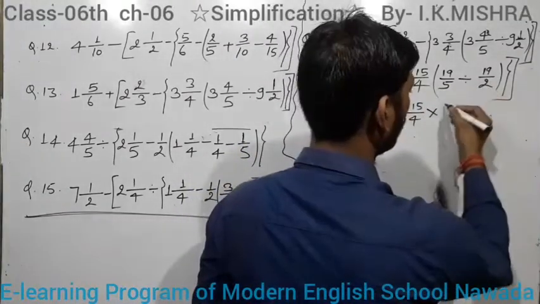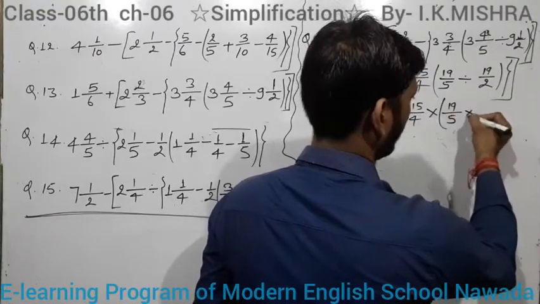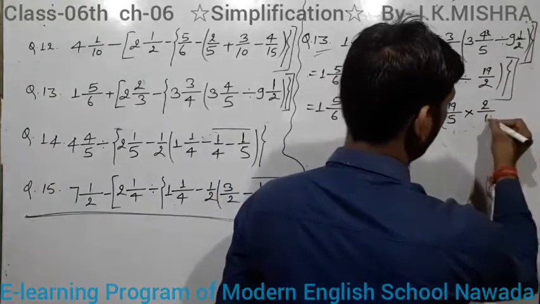When you solve it, 19 by 5 divided, when you change the division into multiplication it will be reversed, that means 2 by 19.